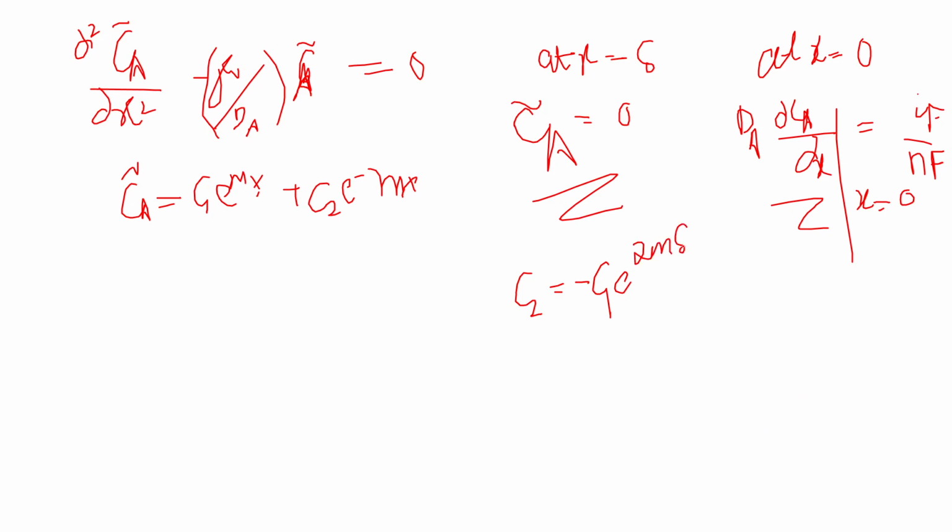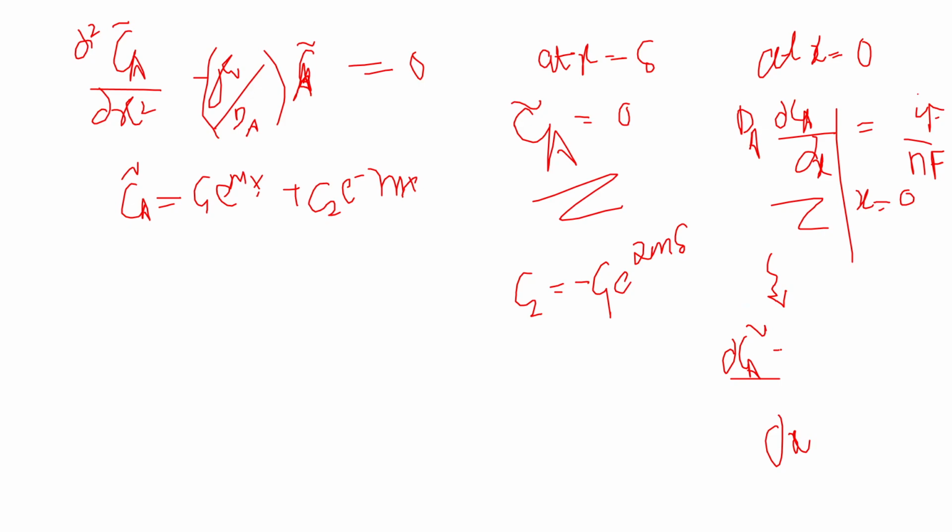So this becomes the first one, and for the next one, when you substitute this one, you'll be finding out the first one, ∂CA/∂x.